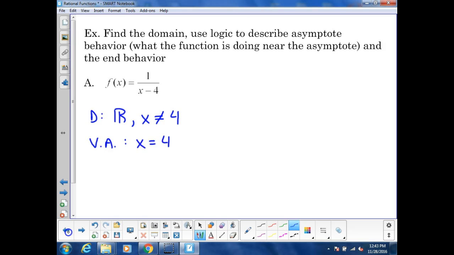X equals 4 is the vertical asymptote. Okay. So, end behavior then, first element of end behavior.